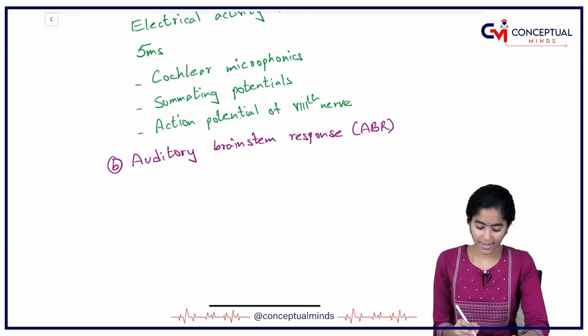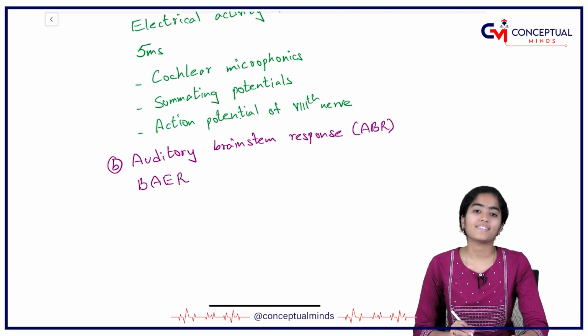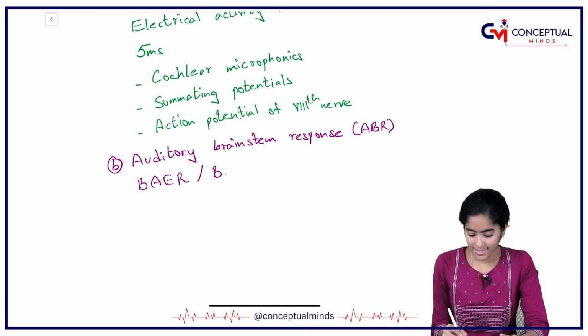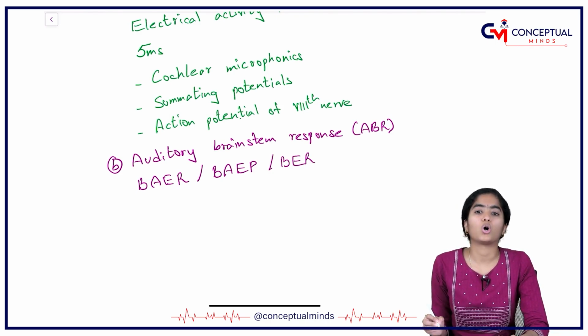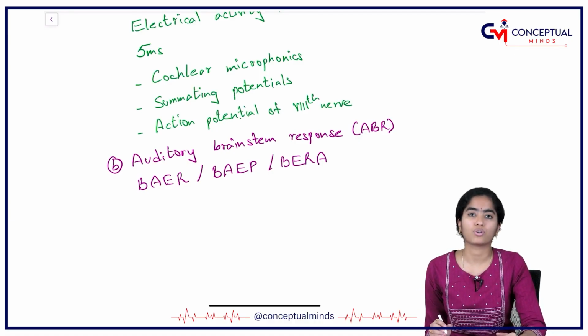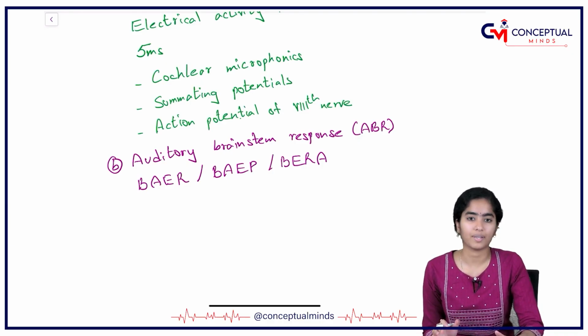It's also called BAER, that is brainstem auditory evoked response, or brainstem auditory evoked potential, or brainstem evoked response audiometry. Usually they say BERA, B-E-R-A. BERA means brainstem evoked response audiometry. So they are all one and the same.